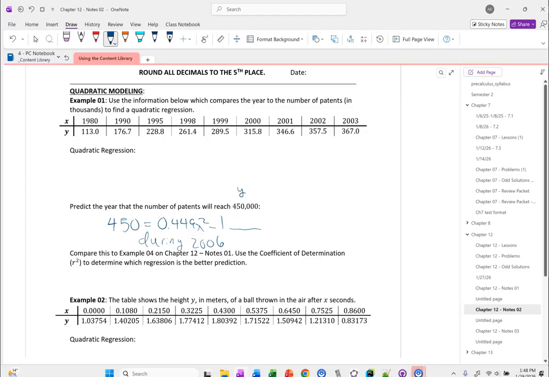You have to edit the window. It's off the graph, so you have to change the window. He missed like the first month of school.